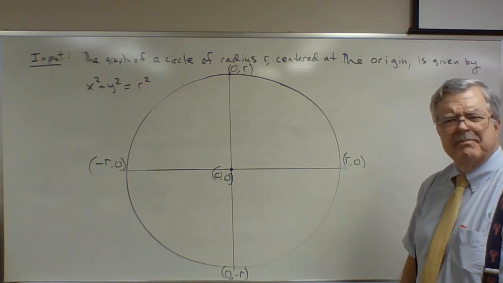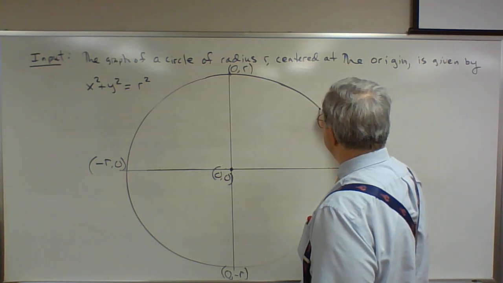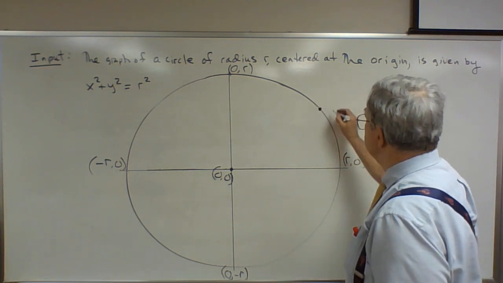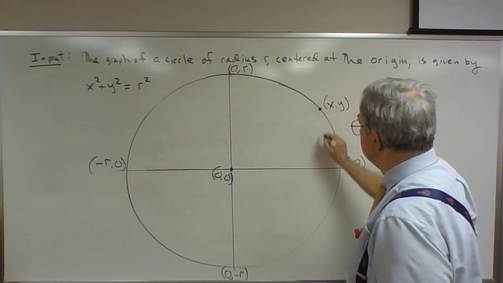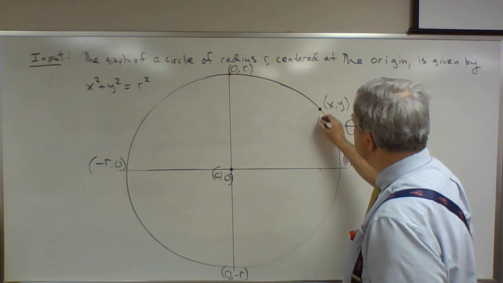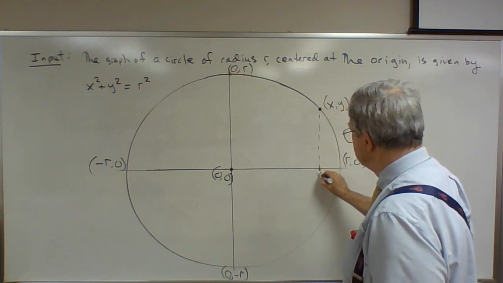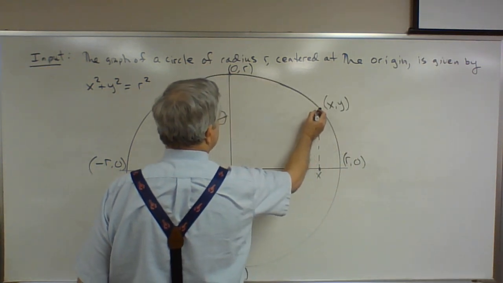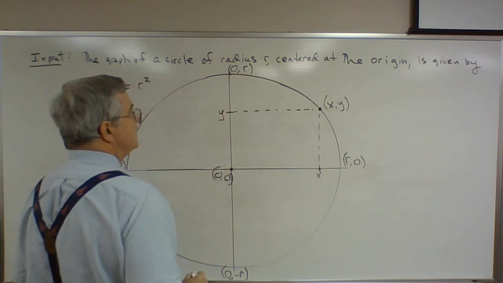Why is that? Well, let's just take any point on the circumference of the circle. Here is the point (x, y). Here's the x-coordinate. Here's the y-coordinate of that point.